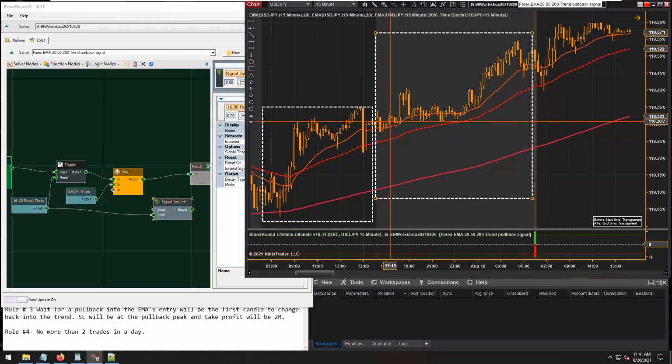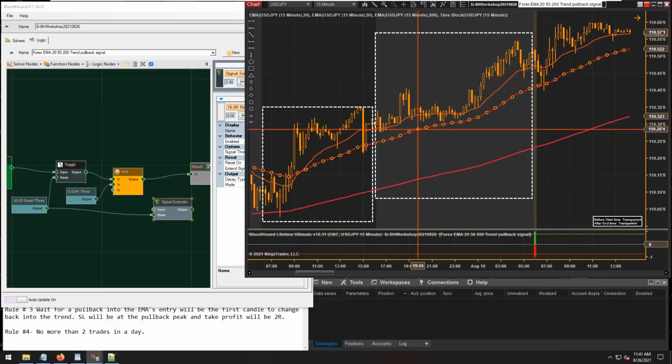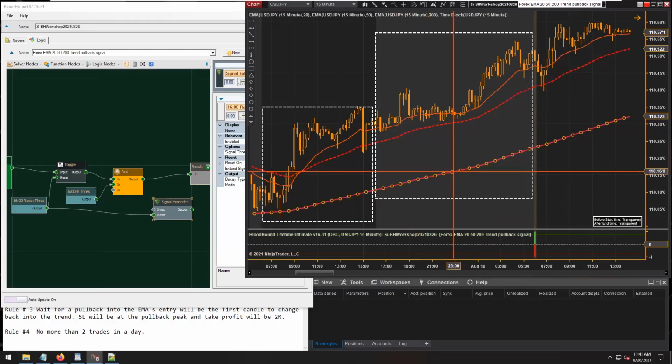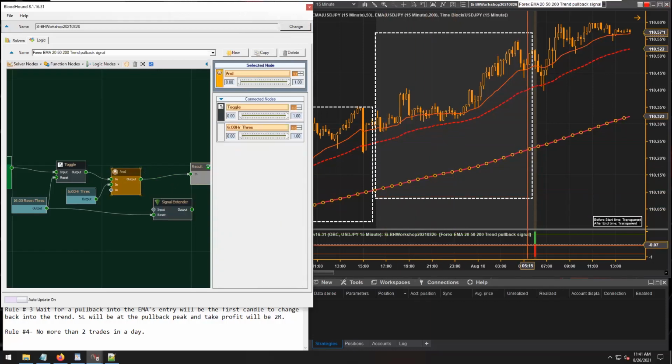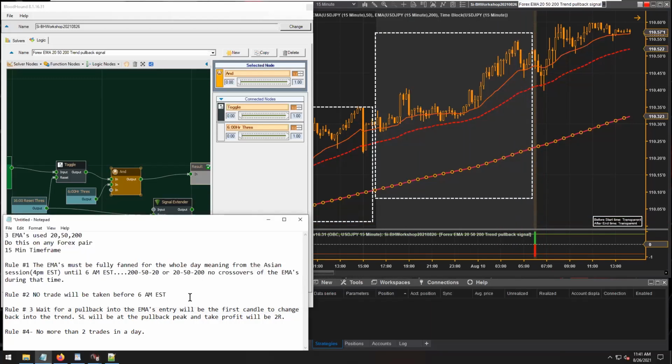And so what we're looking for is if there's no crossovers, then out of the AND node, we should see a long and short when our little block time, or as the rules would put it, that's when we can look for the pullback.